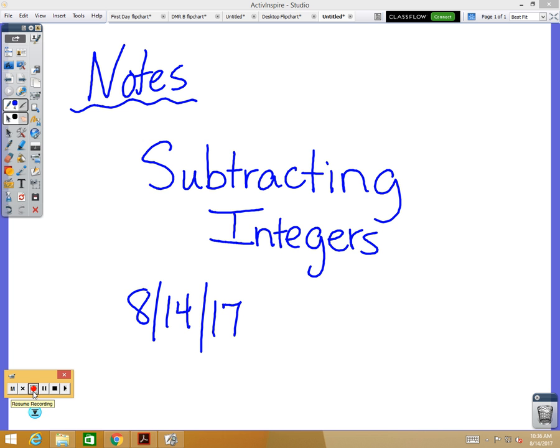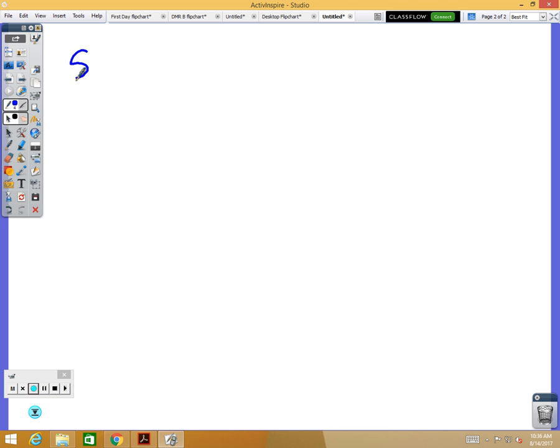Alright, so subtracting integers. The first thing that we want to talk about before we ever subtract is how to simplify a problem. We're going to simplify so that there is only one sign in front of each number.